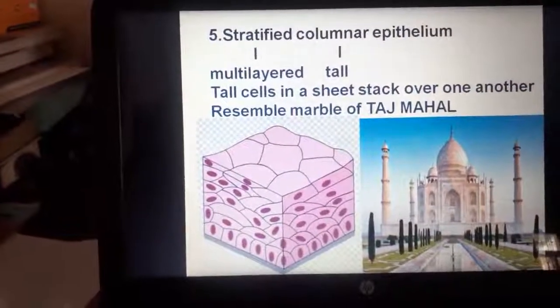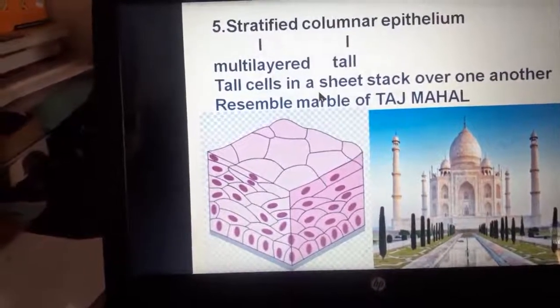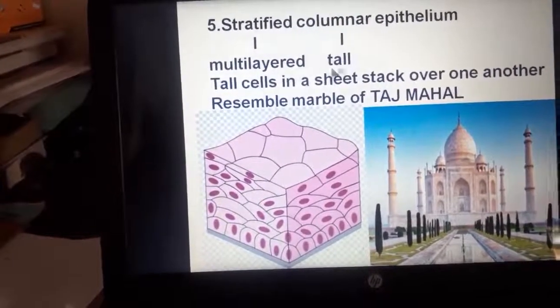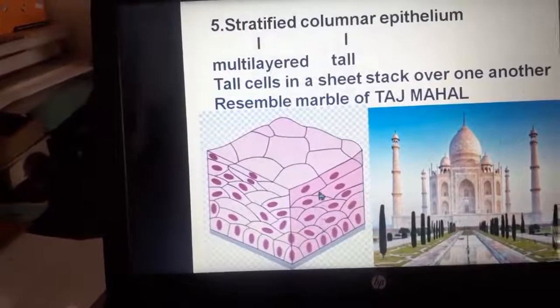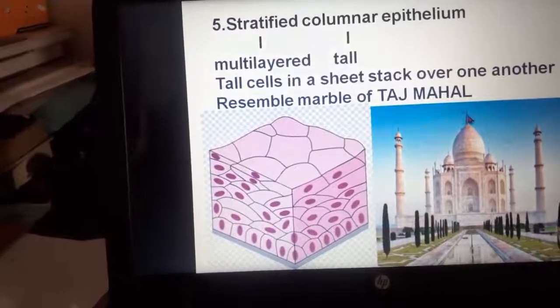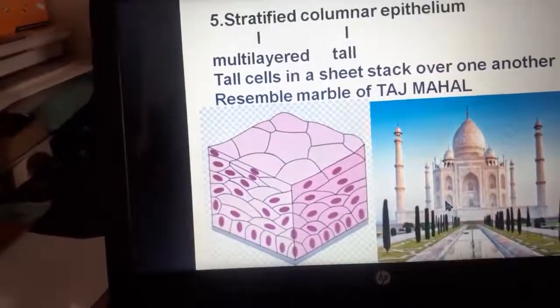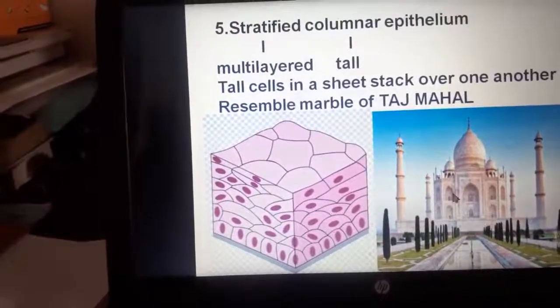Now coming to stratified columnar, multiple layers, and the cells will be tall. The tall cells in a sheet stack over one another, resembling the marble of Taj Mahal. Yeah, it gives the feeling of columnar, tall and multiple layers.